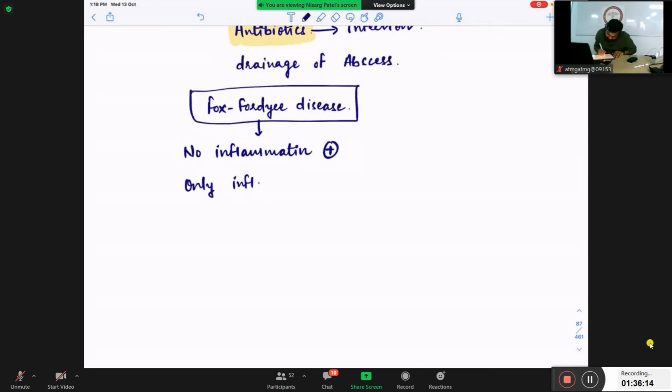Only you will see inflammatory papules in the apocrine gland area.